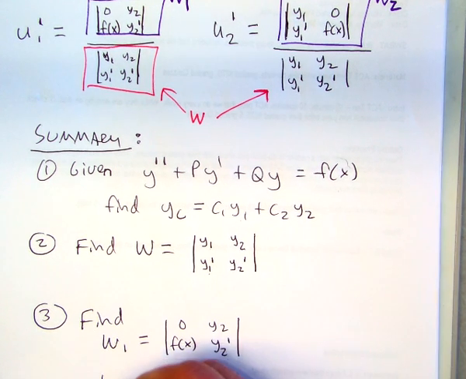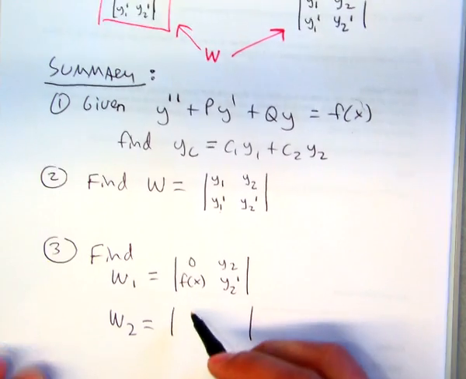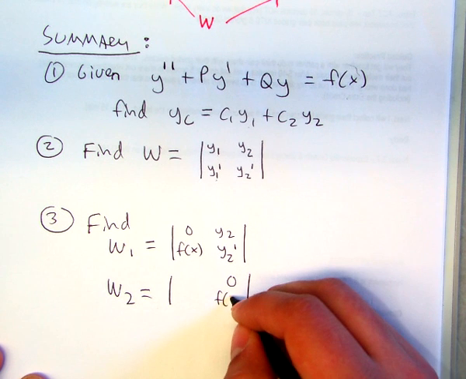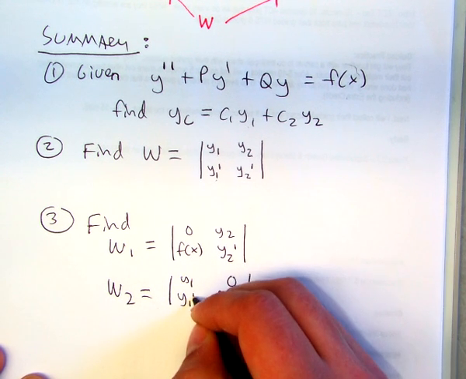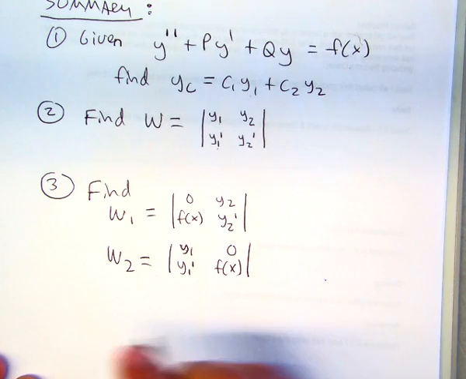We go ahead and find w2. And we just float that 0 and f of x now to the second column, and we leave the first column as is. Okay? 4.